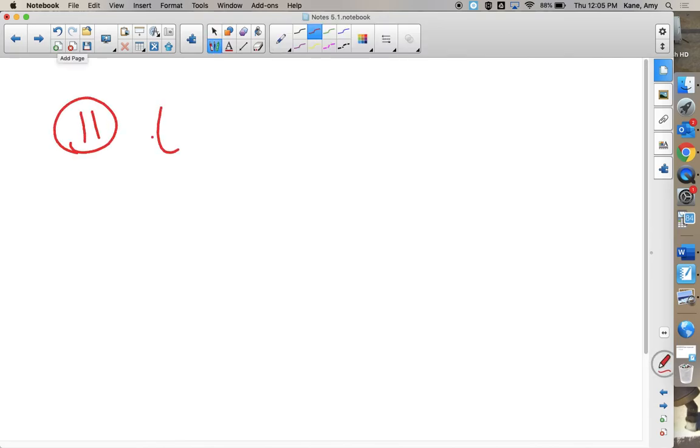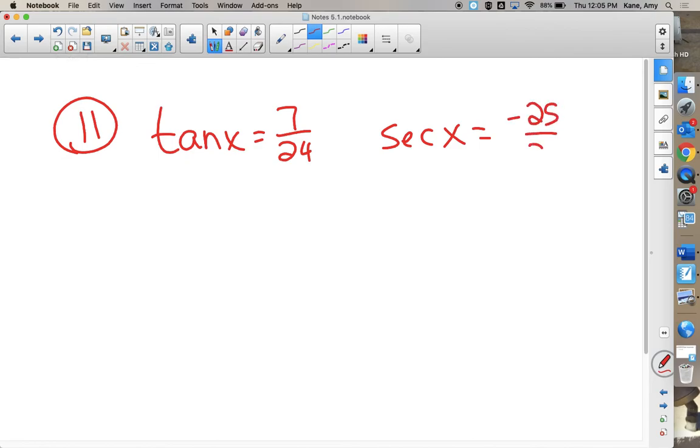So number 11, tangent is 7 over 24, and then the secant is negative 25 over 24. So you can find 2 functions without doing any work using reciprocals.